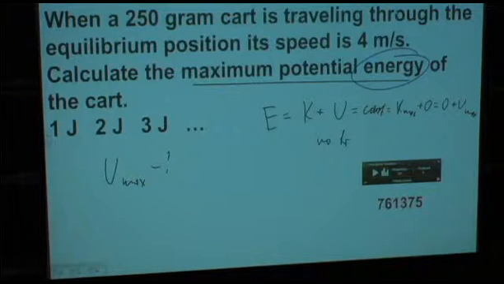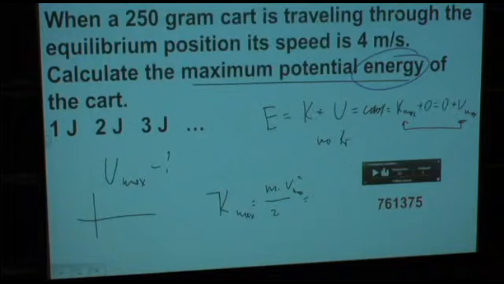And now we can answer a question about the maximum value of potential energy, because the law of conservation of mechanical energy tells us it just has to be equal to the maximum value of kinetic energy. And to calculate that value, K max, we just need to multiply mass, maximum speed squared, divided by 2. And speed changes with position.